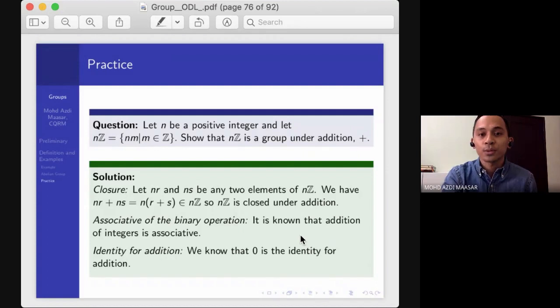Since 0 equals n multiplied by 0, we see here n is the positive integer as needed, and 0 is an integer. Thus, 0 satisfies the characteristic of becoming a member of nℤ. Thus, we can say that this identity 0 exists in nℤ, and axiom 2 holds.